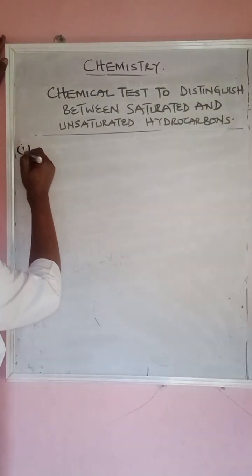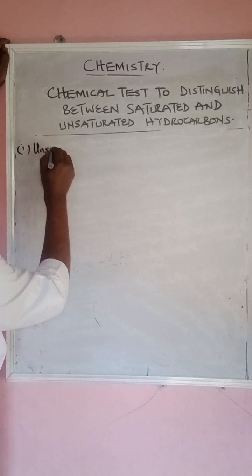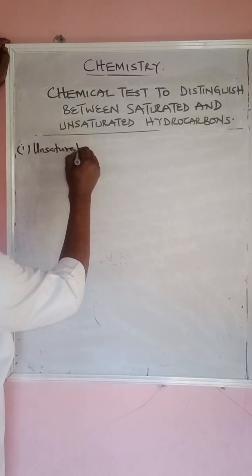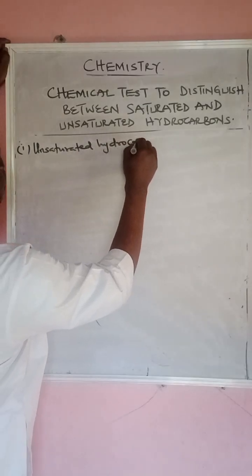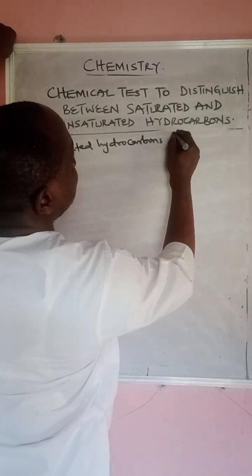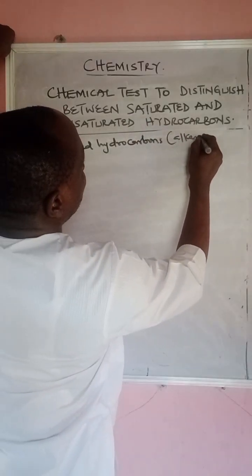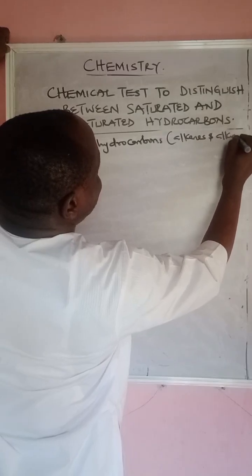Number 1, unsaturated hydrocarbons. We talk of alkenes and alkynes. Take note of that.